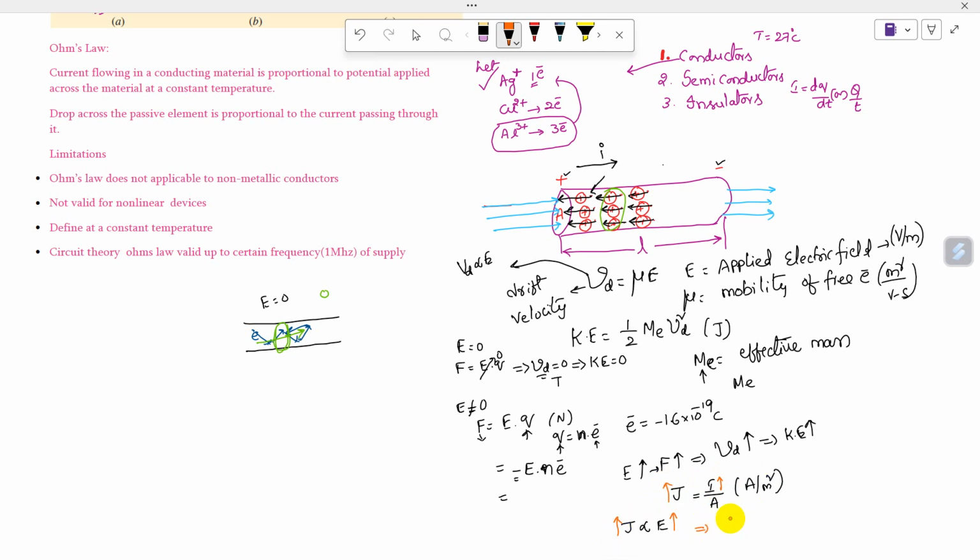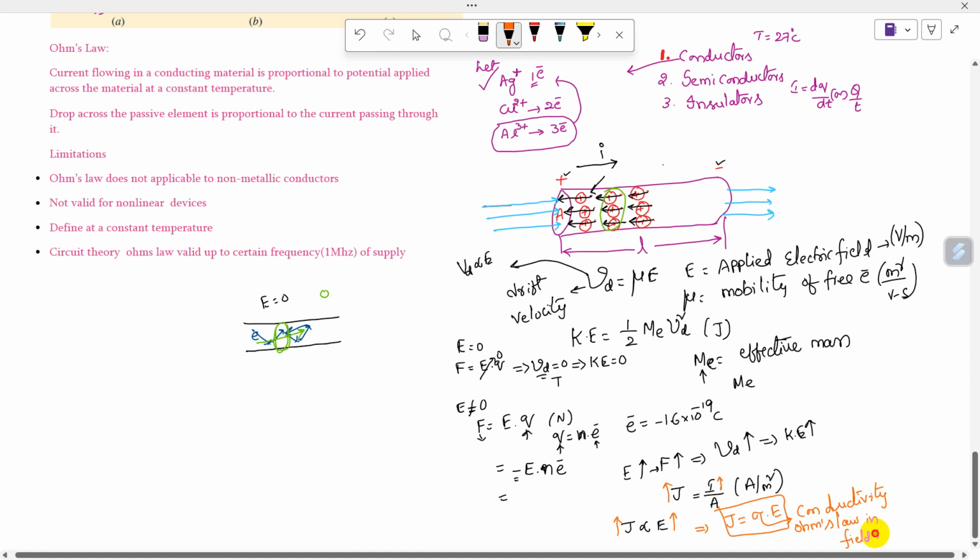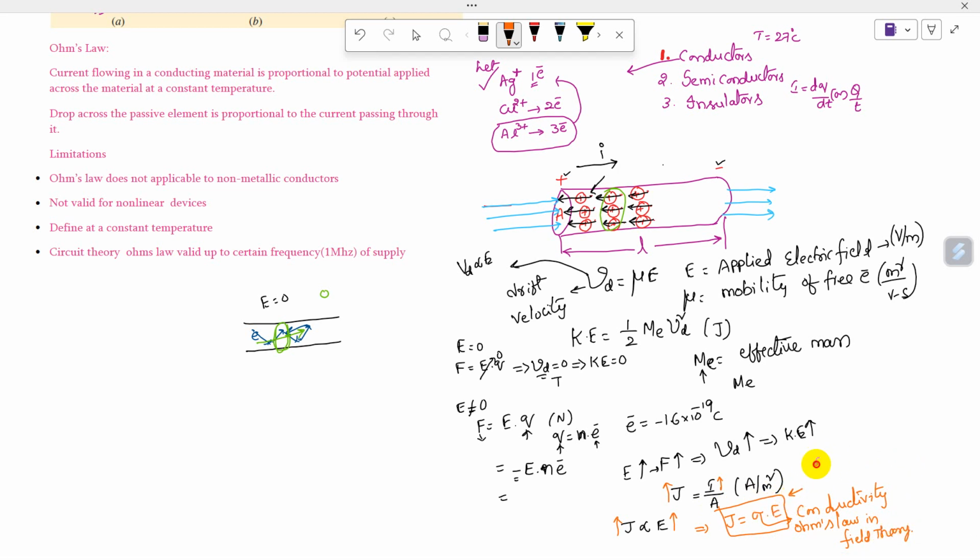So I can write J is equal to sigma into E, where sigma is called conductivity. This is called Ohm's law in field theory, and this equation is valid from 0 to any higher frequencies.